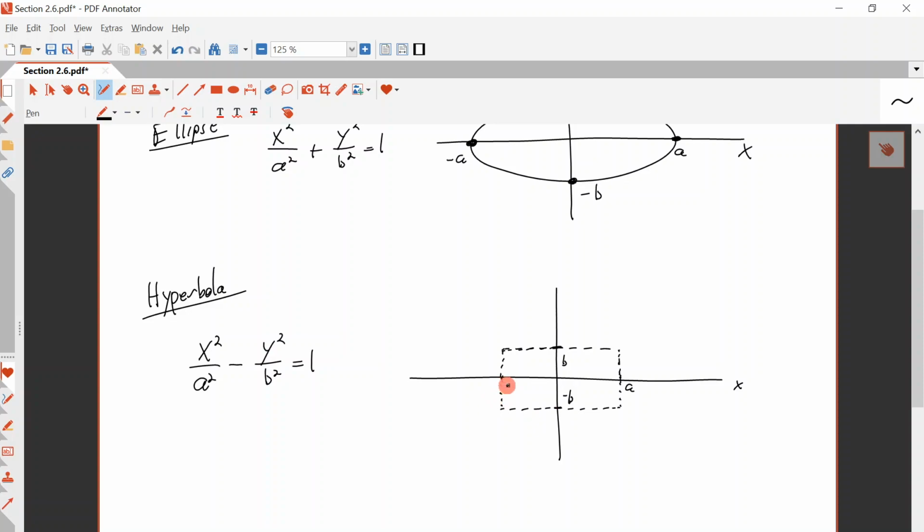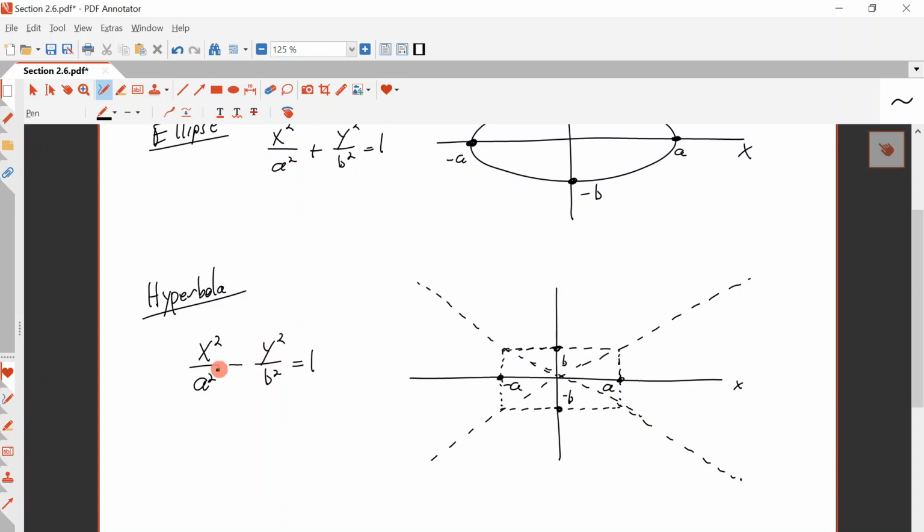Okay, that's not part of the hyperbola, but it's there to help you draw it. We put it there to help you draw it. And then on this rectangle, you've got these diagonals. Diagonal lines going through the corners of those things.